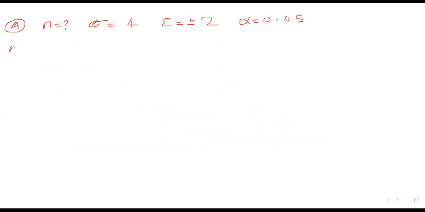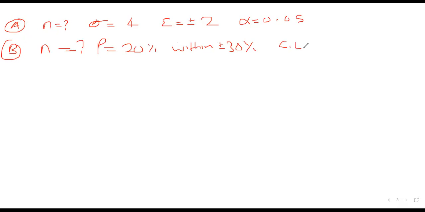And also, B, find the sample size of a population whose proportion is 20%, and the error is within ±80%, and the confidence level is 98%.